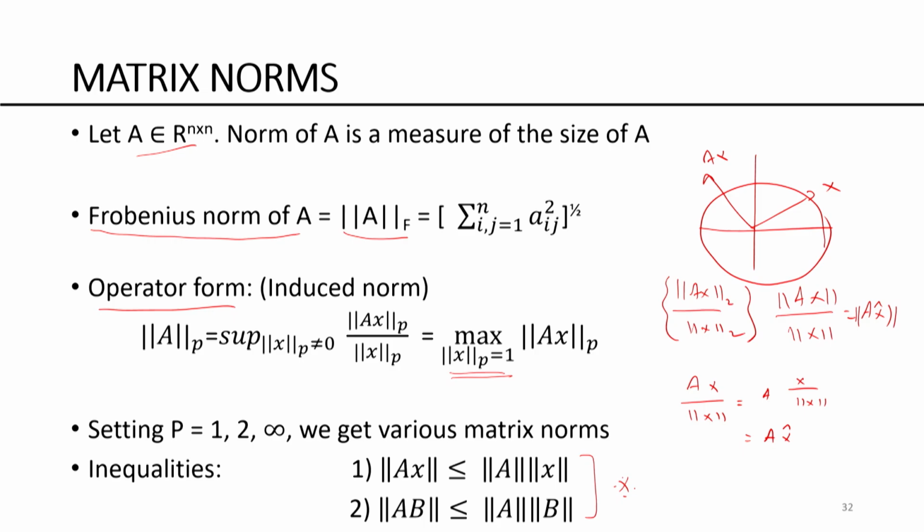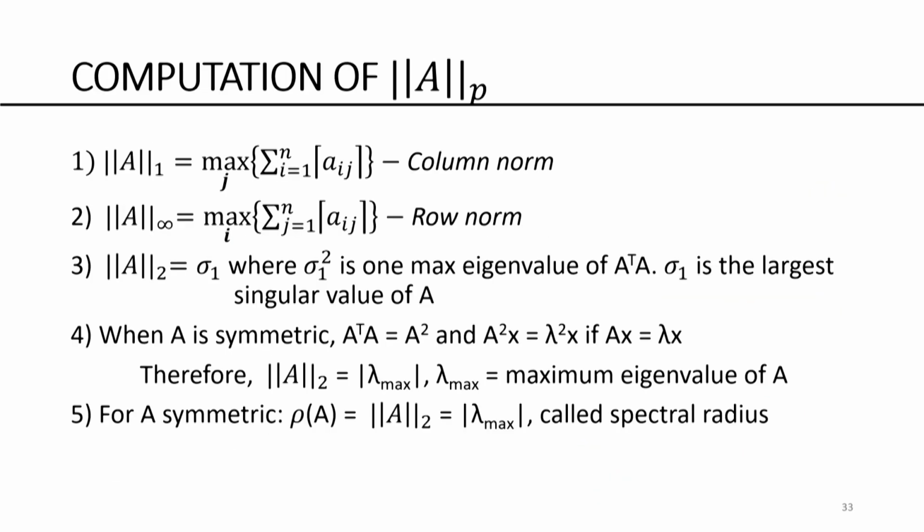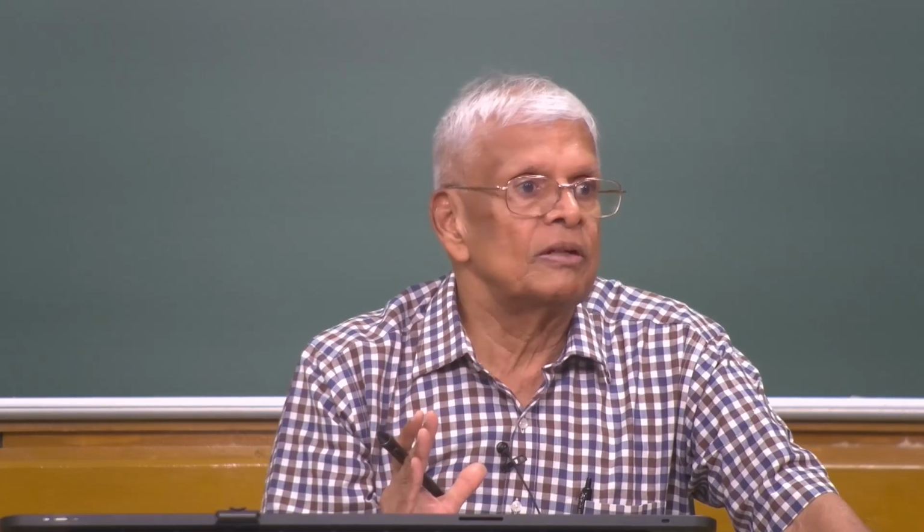Everybody. So how do you compute the different types of norm? It can be shown that the one norm is simply the column norm. What is that? Let's look at this now. This is the sum of the absolute values a_ij, i running from 1 to n, j is fixed, j is column, right? Everybody?